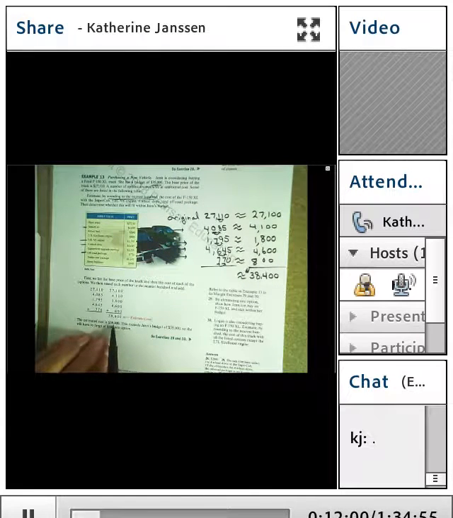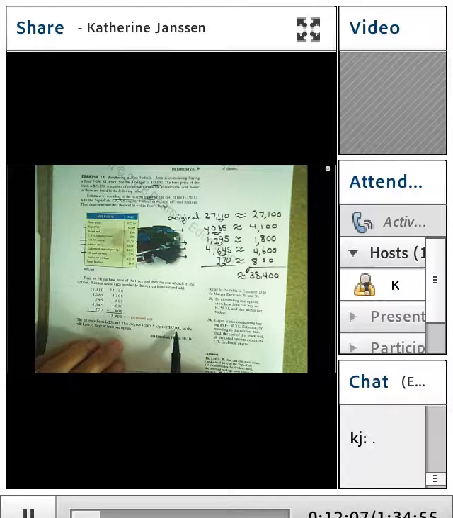And our answer is the estimated cost is $38,400. This does exceed Jen's budget of 35,000, so she will have to forego at least one option, maybe more.